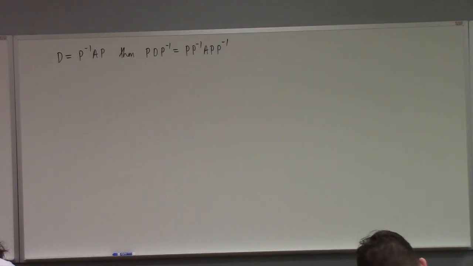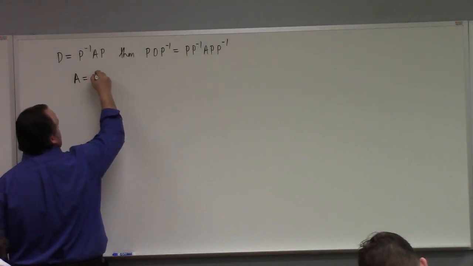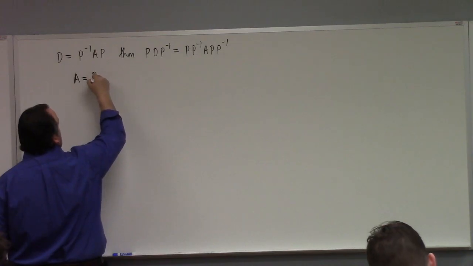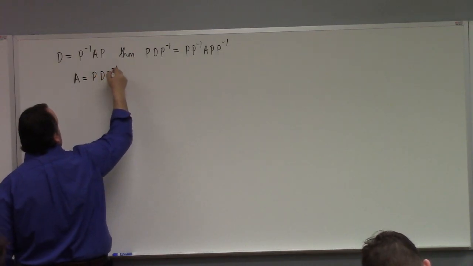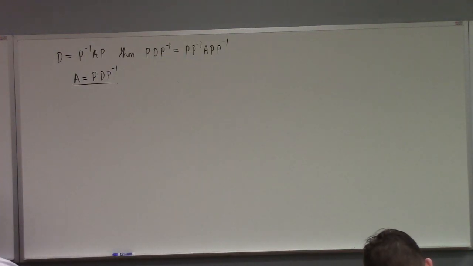We can cancel out the P and P inverse. What's that give us? We get A is equal to P D P inverse. Notice that the position of the P and P inverse is different than it was before.